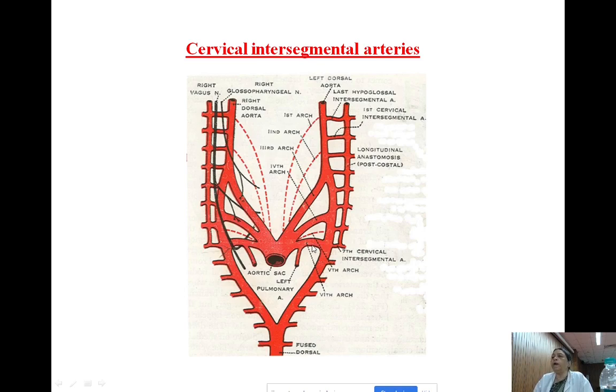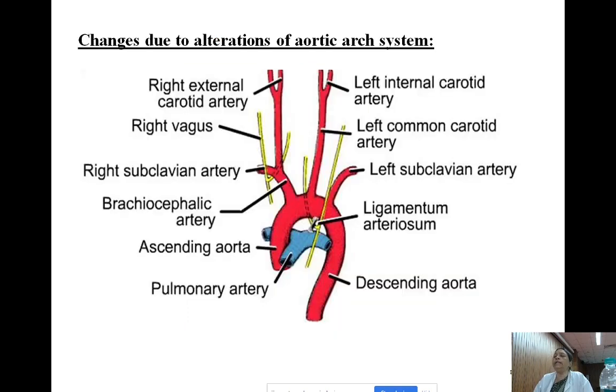Okay. Now, here we can see a picture taken from Langman. This is the right vagus nerve. Here, because of the disappearance of the fifth arch and the distal part of the sixth arch, the recurrent laryngeal nerve hooks around the fourth arch, which forms the right subclavian artery. So on the right side, it hooks the right subclavian artery.